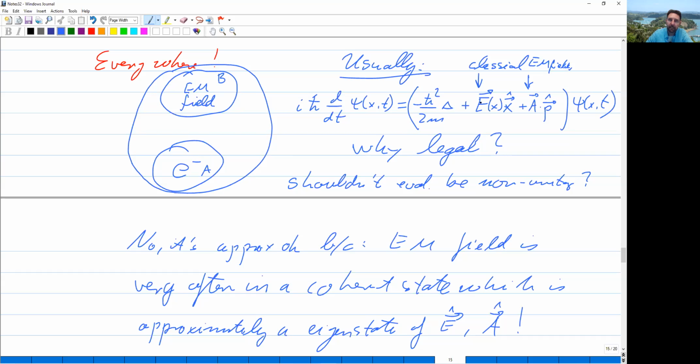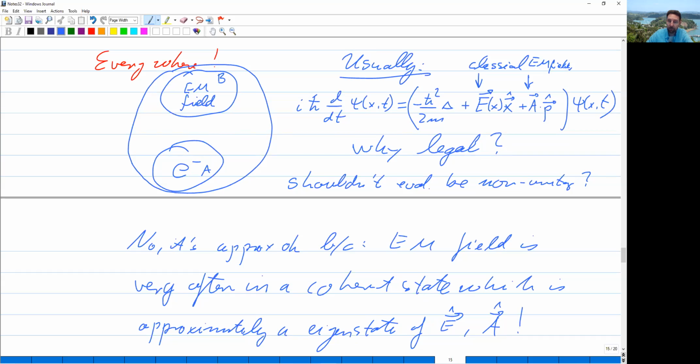See, the E and the A are really operator valued fields because these are quantum systems. But if the state of the electromagnetic field is in an approximate eigenstate of the electric and the magnetic field operators, then what we just calculated applies. An entanglement is not being generated.